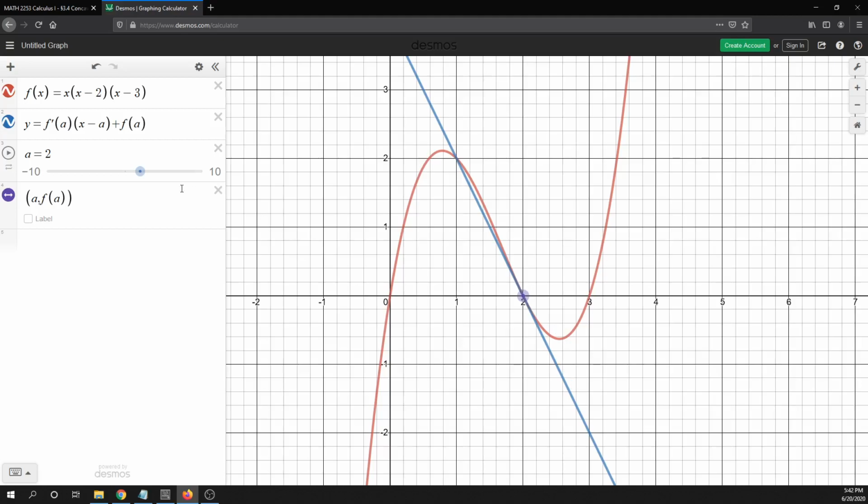And what we're going to be noticing is as I move this tangent line, take a look at its slope. So here the slope of the tangent line is negative, right? And then you can see that as I move to the right, the line is flattening out a little bit. So what that means is that the slope is getting bigger.